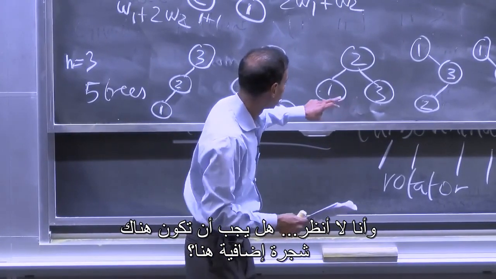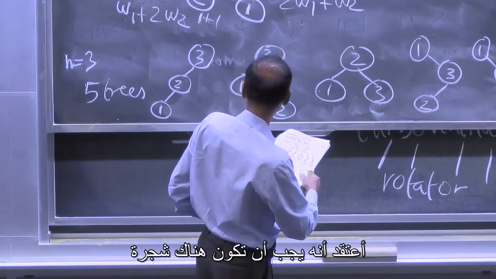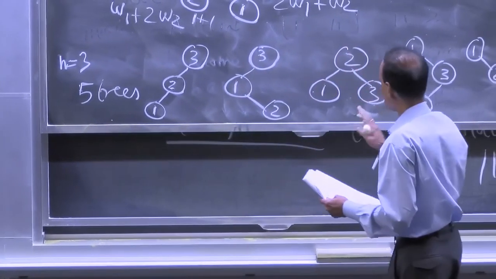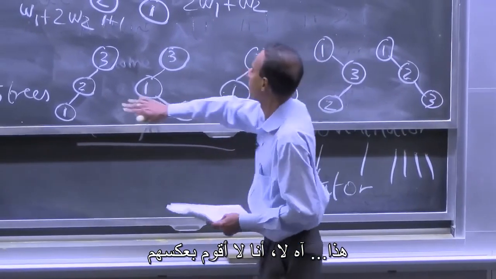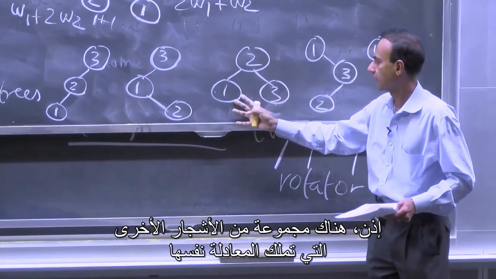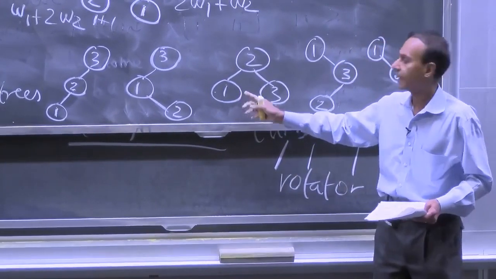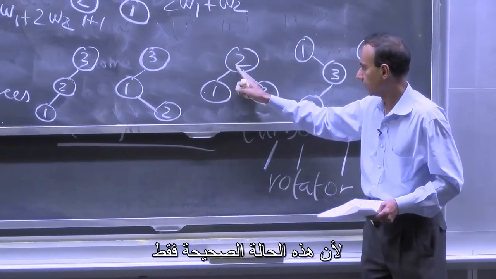Should I have another one here? I guess I should have. Oh no. So I'm not doing mirrors. So there are a bunch of other trees that have the same equation associated with 2. No, that's not true, because these are it.